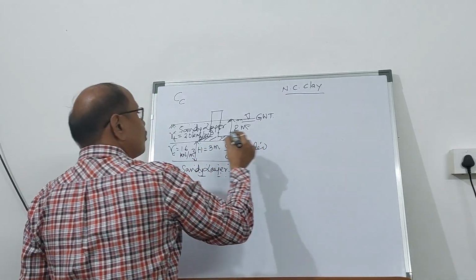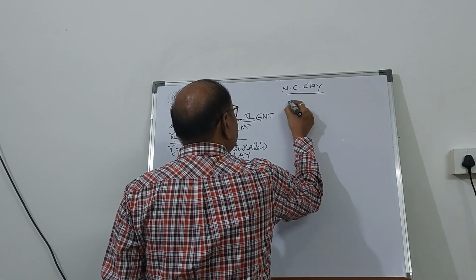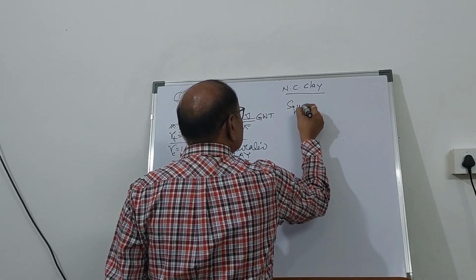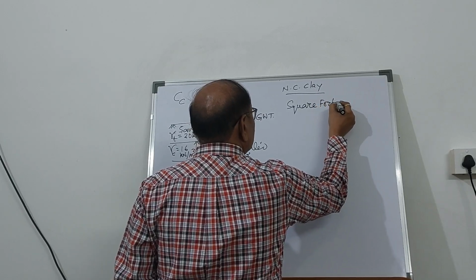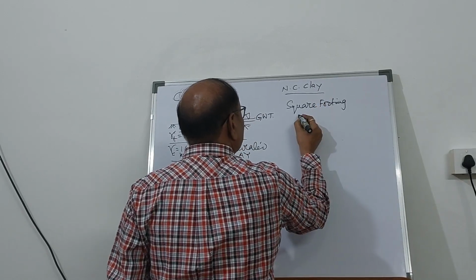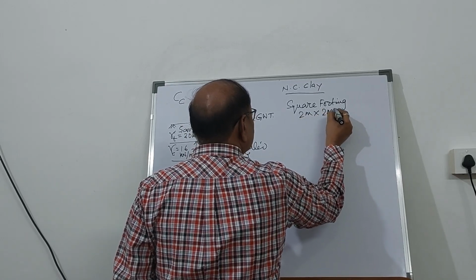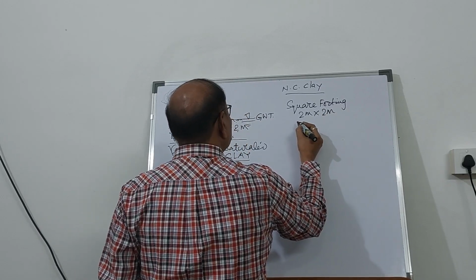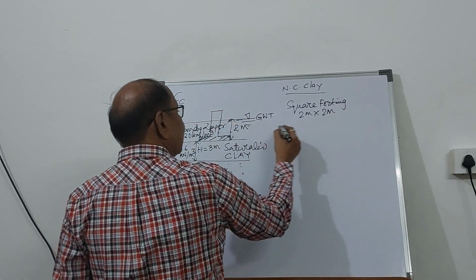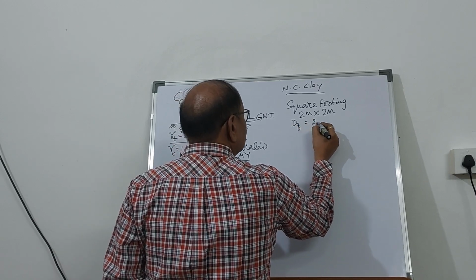This footing is a square footing. The dimension of this footing is 2 meter by 2 meter. And the depth of the footing is 2 meter as shown in figure. So, depth of footing is 2 meter.